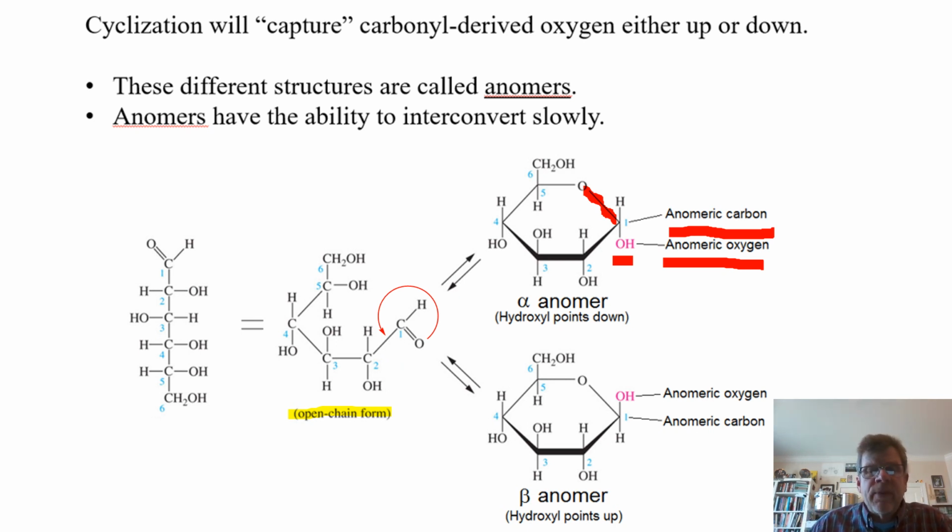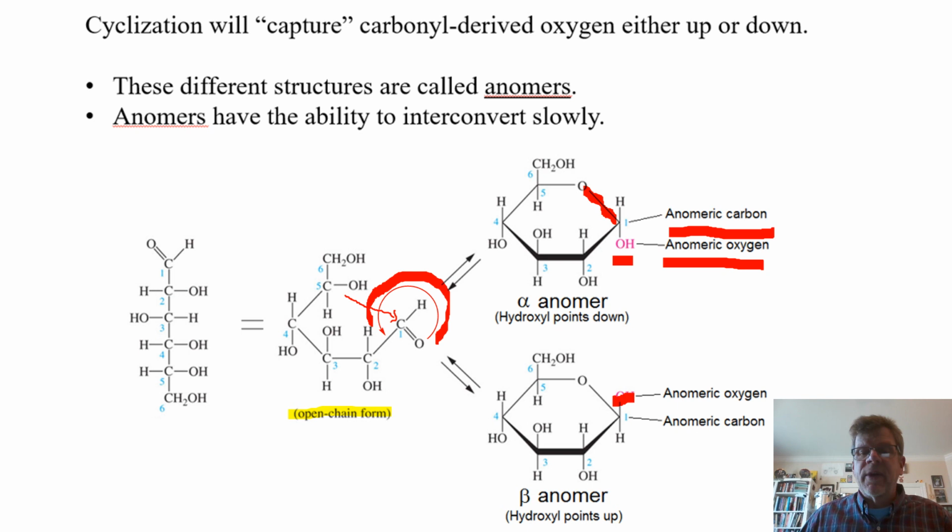Now, similarly, if we had our aldehyde again spinning around, and at the point that the bond was formed between that C5 hydroxyl and that carbonyl carbon, if that aldehyde oxygen was upwards when the bond was formed, then if we look on the lower right hand side, that anomeric oxygen now would be forced upwards.